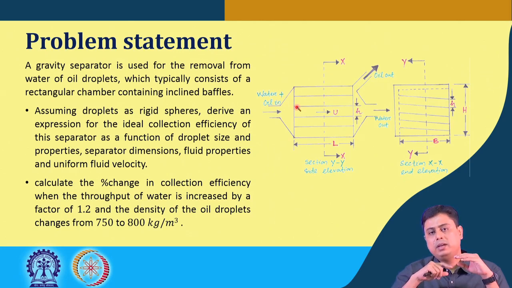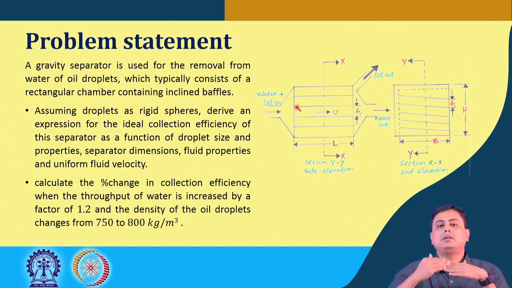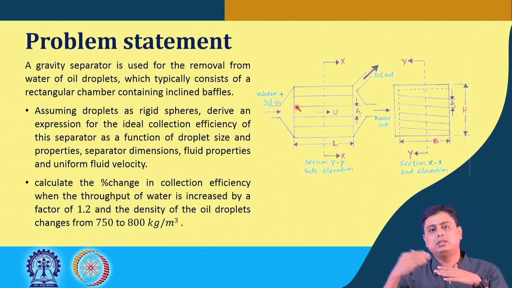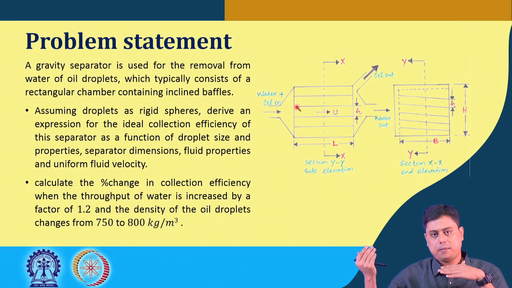Fine. So, which means let us say if we have 50% or let us say 25% of the particles within this terminal velocity range. The particles having, let us say, 50% of the terminal velocity of the minimum requirement, those 50% will be collected.